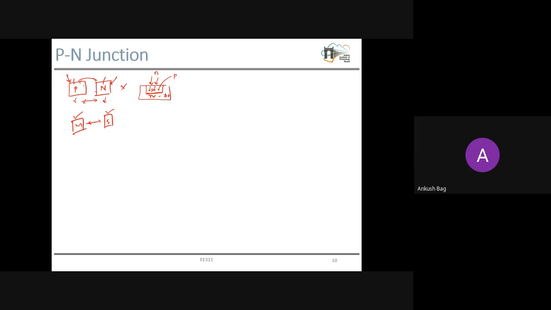Because whenever we consider a three-dimensional PN junction, or let's say one P-type material, so this is a P-type semiconductor. This P-type semiconductor has 6 surfaces, and all these surfaces have unsatisfied bonds.